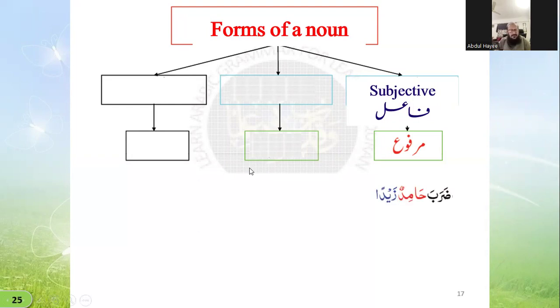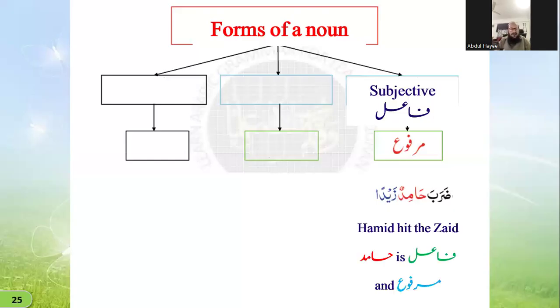Just like daraba hamidun zaidun. Look, the hamidun has a double dhamma. So it's a fa'il, it's a subject because it's marfu. It is having the sign of raf. Because Hamid hit Zaid, fa'il is Hamid because it's marfu.